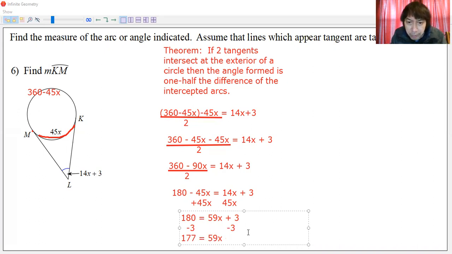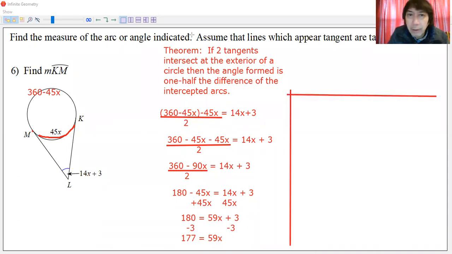All right, continue solving for x here. This will now be written 59x equal to 177 there. And we shall divide by the 59.